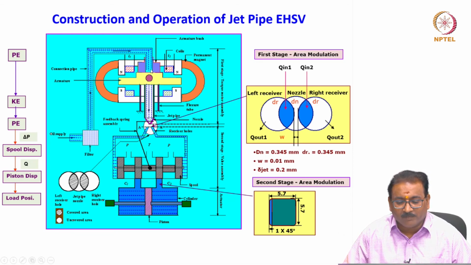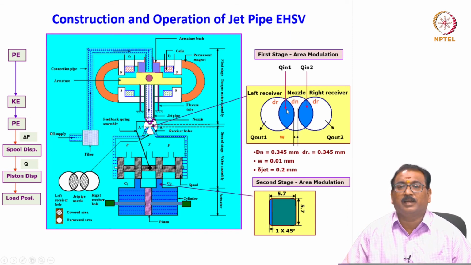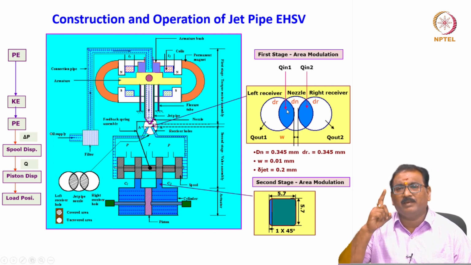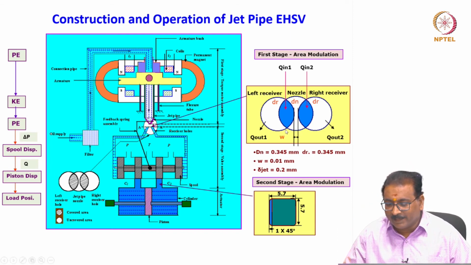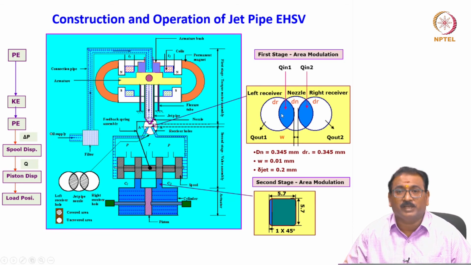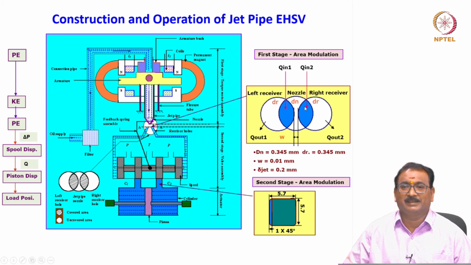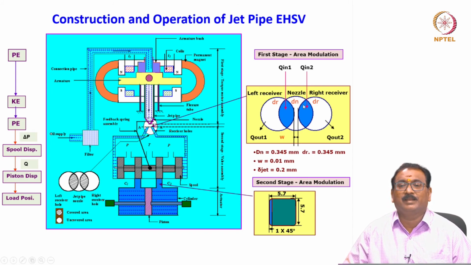On top of it is the nozzle. The receiver diameter and nozzle diameter play a very important role in creating the areas A1 and A2. If the nozzle is moved towards here, this area increases proportionately, at the same time this area goes on decreasing, and vice versa. Please remember.